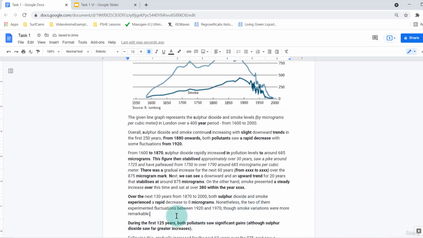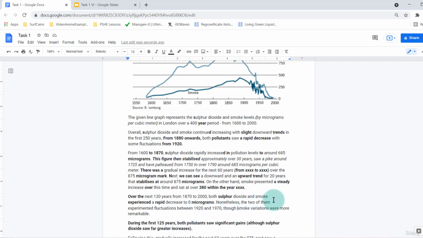Nonetheless, the two of them experienced fluctuations between 1920. Okay, yes. Nonetheless, okay, I'll leave that in. That's more of a Task 2 style opening phrase, but I think it does quite work to say, because we're saying here, eventually went to 0 micrograms, pretty much. Nonetheless, kind of works because we're contrasting the two.